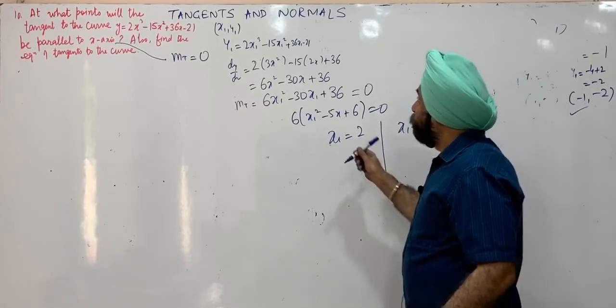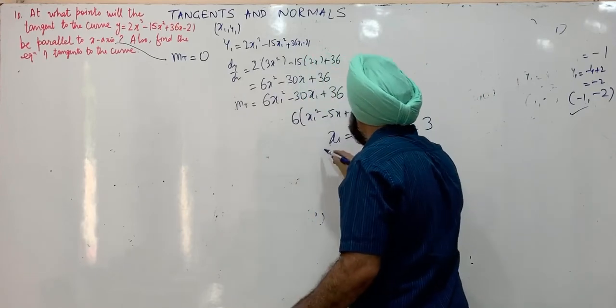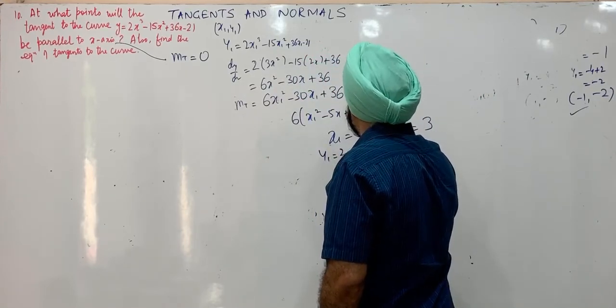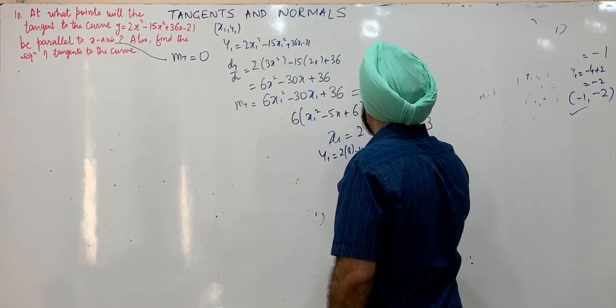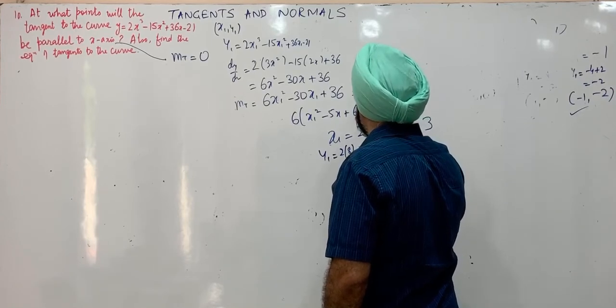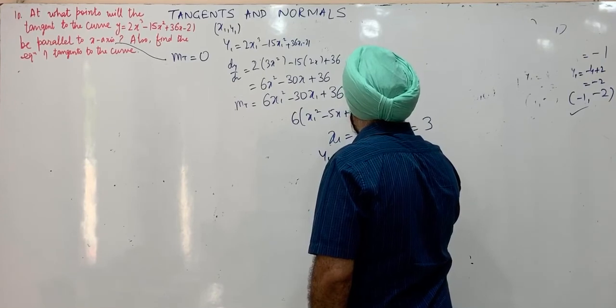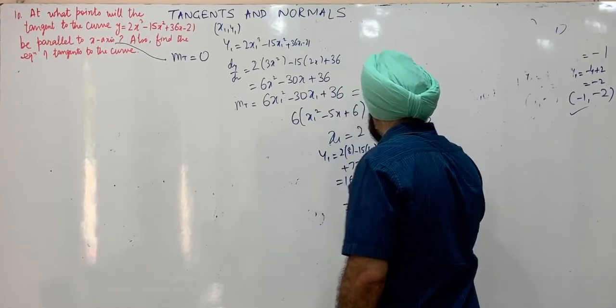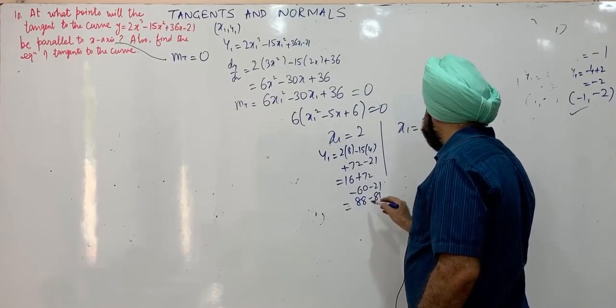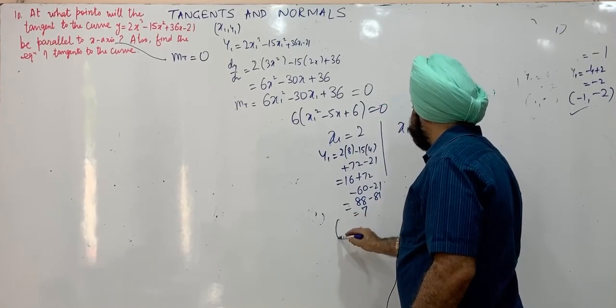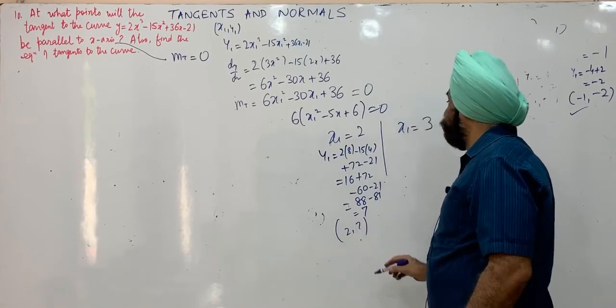What about y1? y1 will be 2 into x1 cube minus 15 into x1 square plus 36 into x1 minus 21, that is 16 minus 60 plus 72 minus 21. This is 88 minus 81. This is 7. So the point is (2, 7).